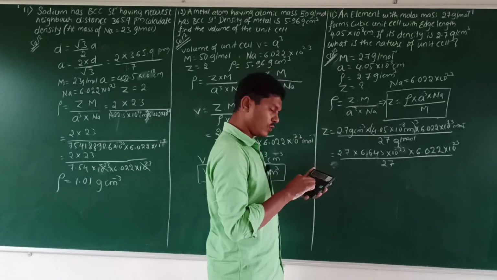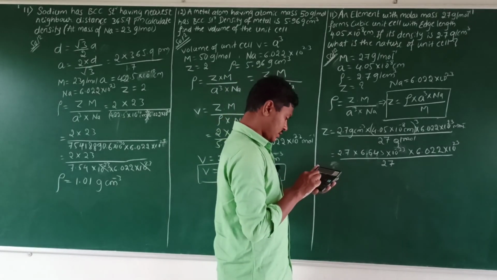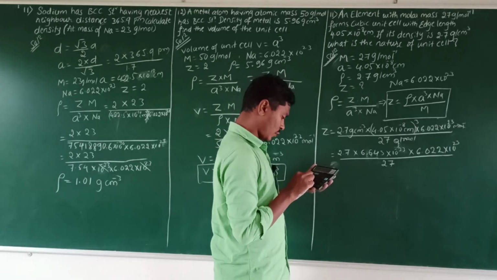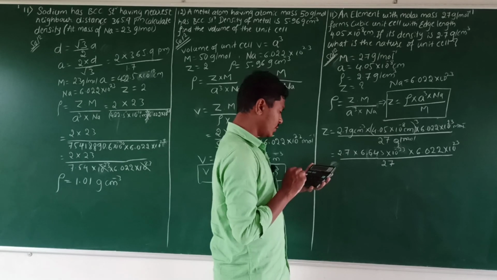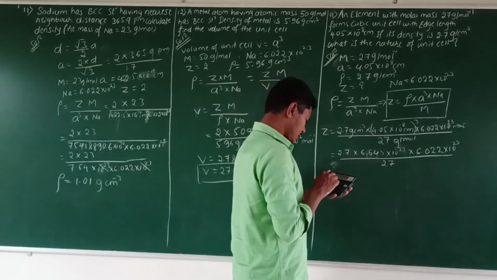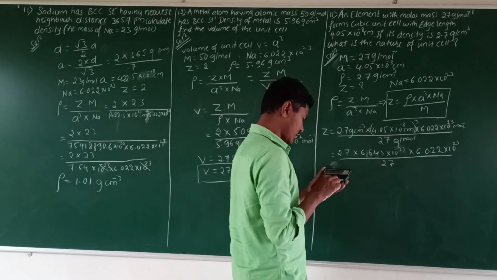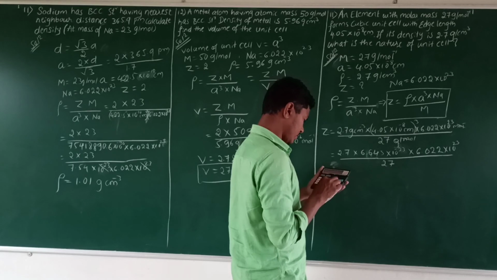Calculate now. 2.7 into 66.43 into 6.022 divided by 27.